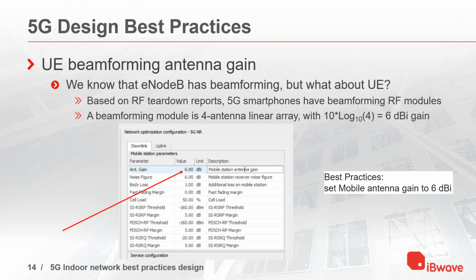Samsung says it is not 6, it is 7. It is possible for your individual antenna in the array to have gain more than 0 dBi. So you can either put 6 or you can put 7. I'm suggesting you put 6.